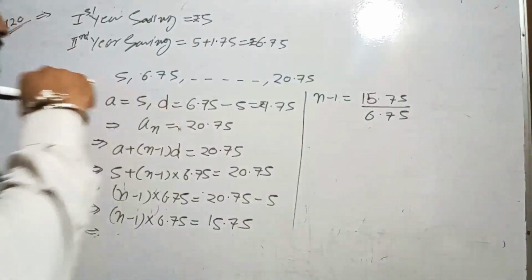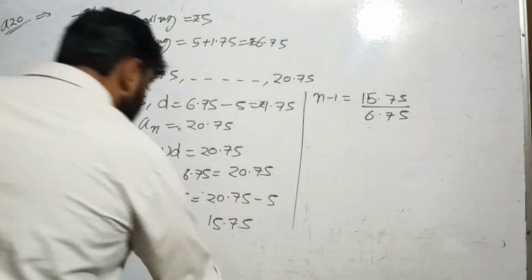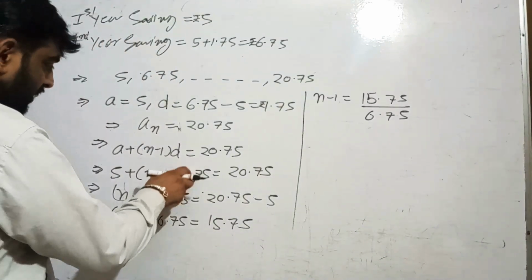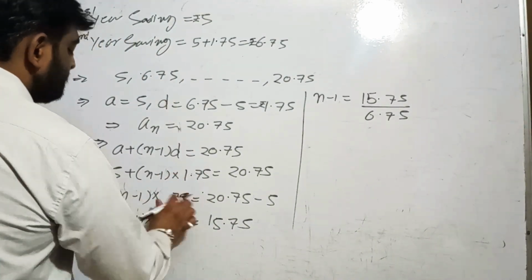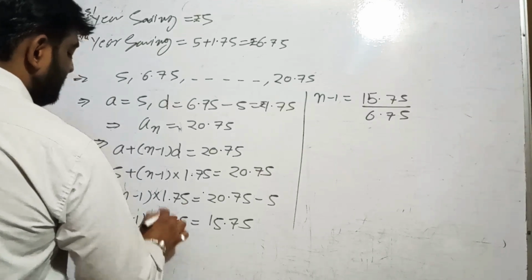Sorry, here one mistake is there. The d value is not 6.75, the value of d is 1.75. This is the major mistake done by me.